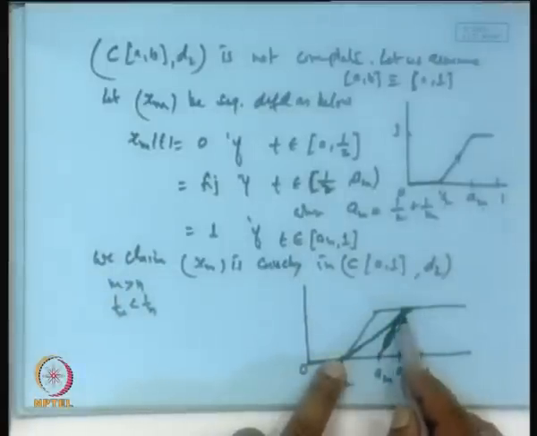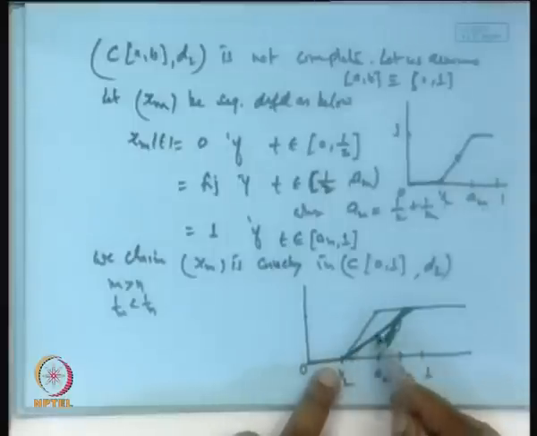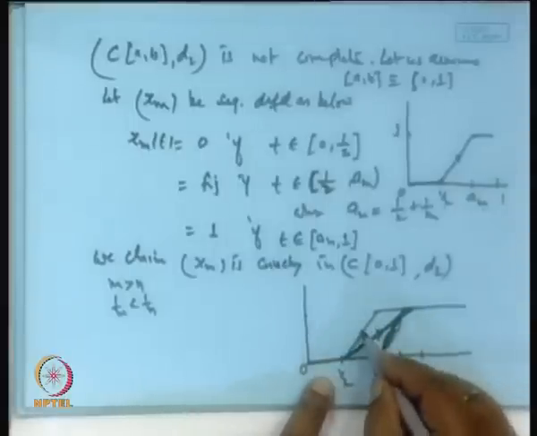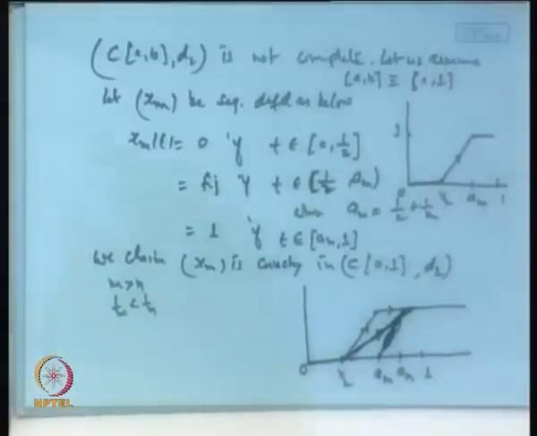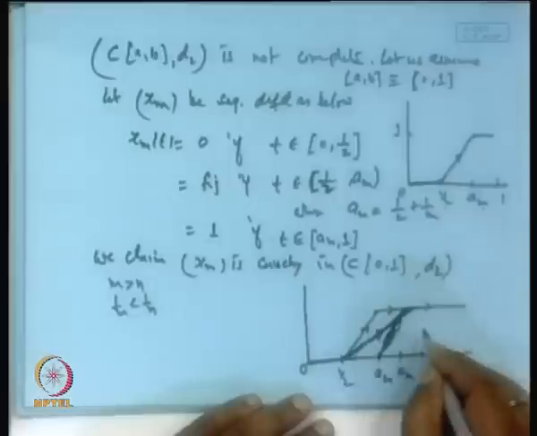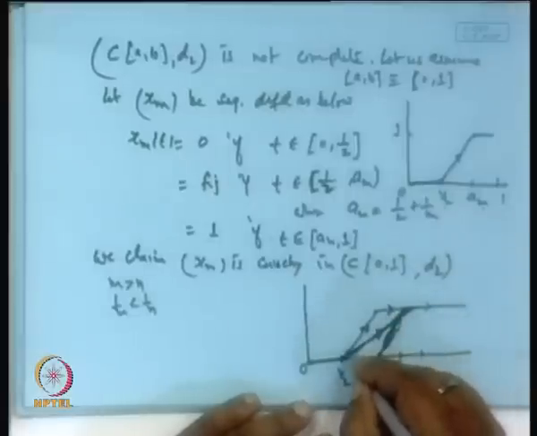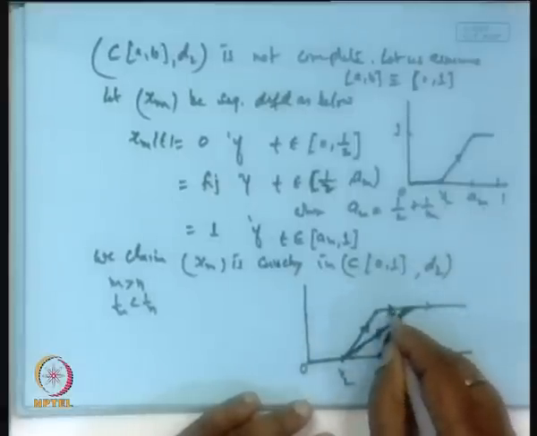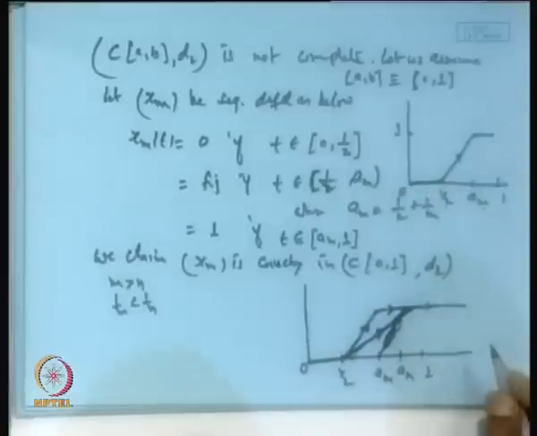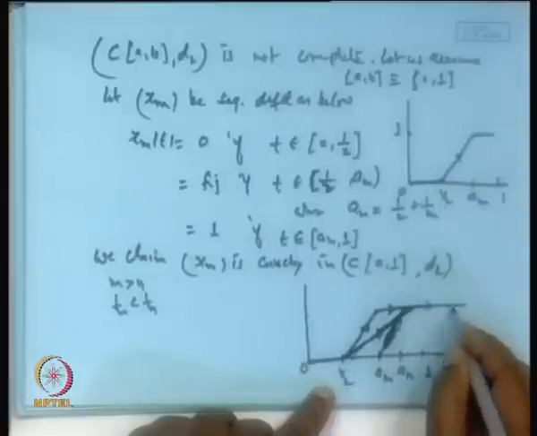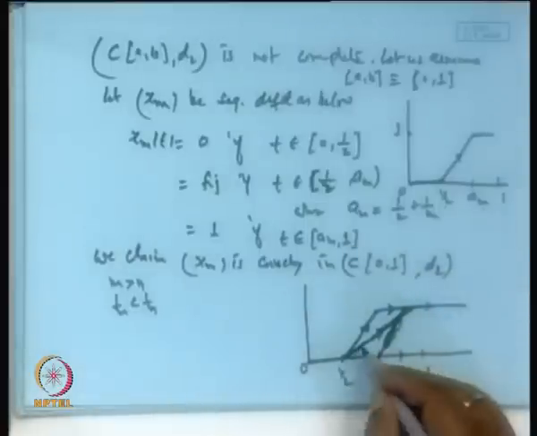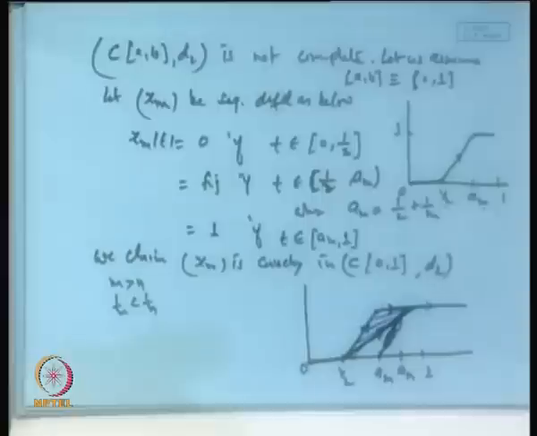Half to this, the figure is this: a_n starts from here, a_m starts from here and goes like this. This is our a_m, and this will be our a_n, clear. So this portion is there.